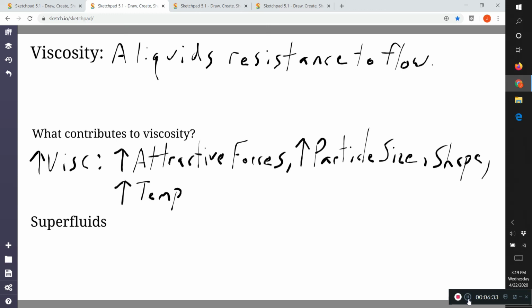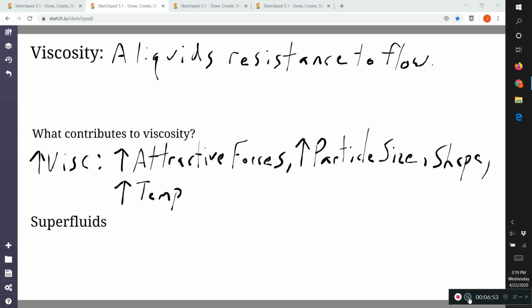So all liquids have viscosity except for particular things that we call superfluids. They discovered superfluids by cooling helium down to about negative 271 degrees Celsius, and it had no viscosity.